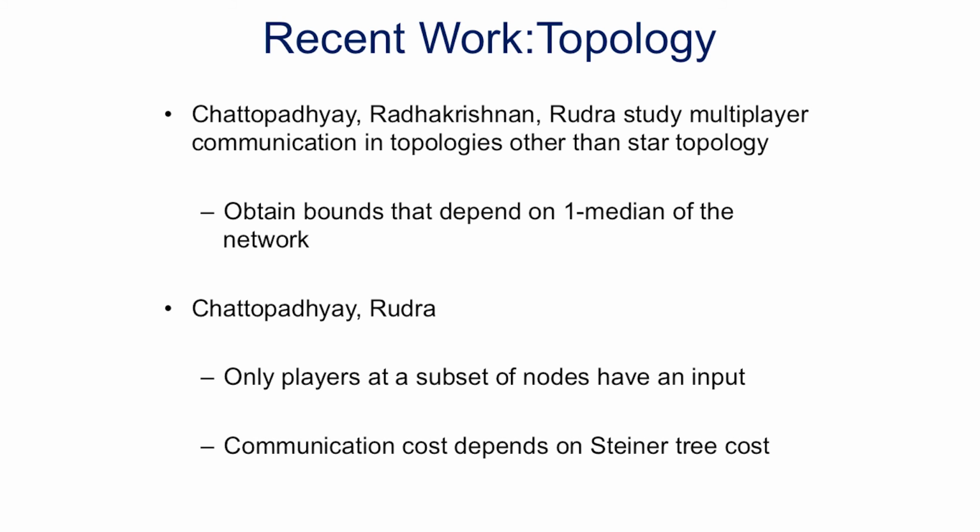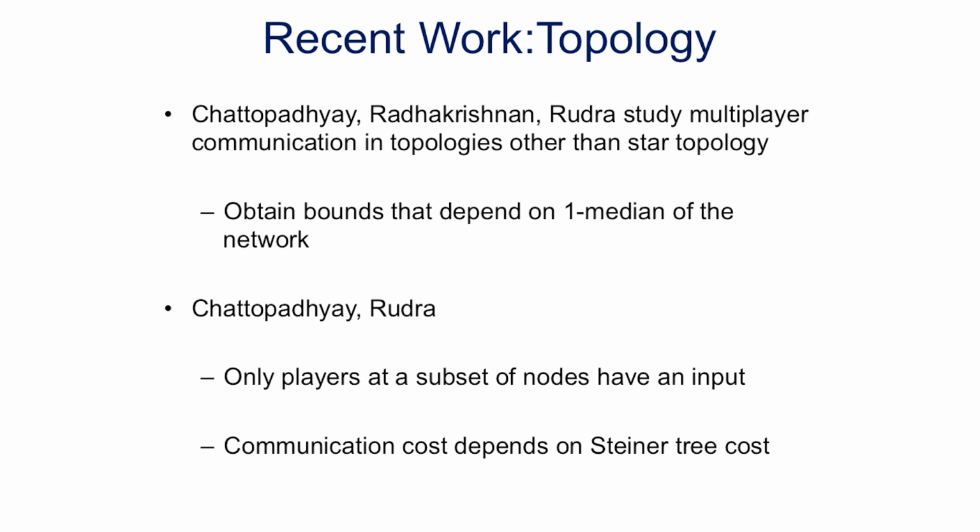There's also some interesting recent work on more general topologies. So instead of the clique topology, or equivalently the star topology that we've been looking at, Chattopadhyay, Radhakrishnan, and Rudra study general topologies where the communication cost often scales as the one median cost of the topology.